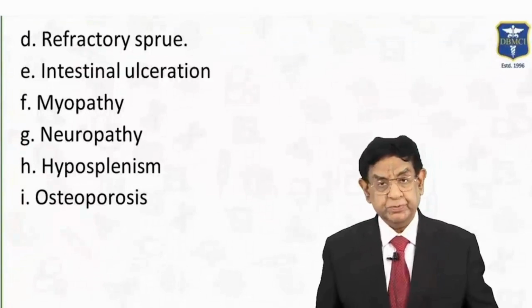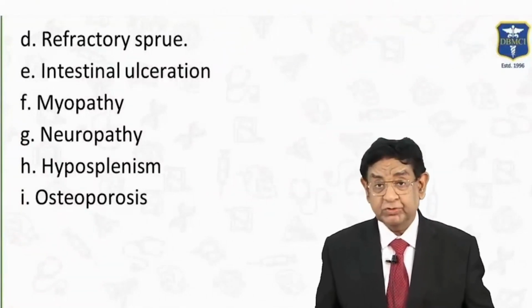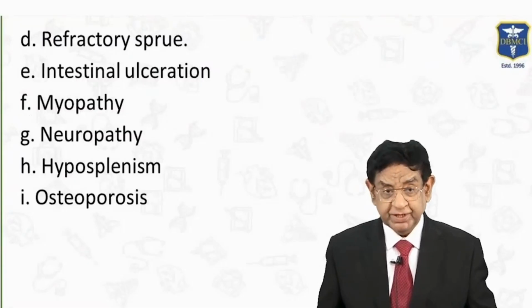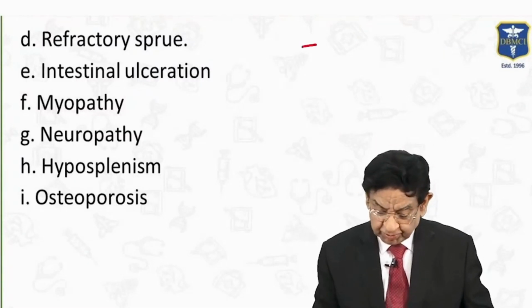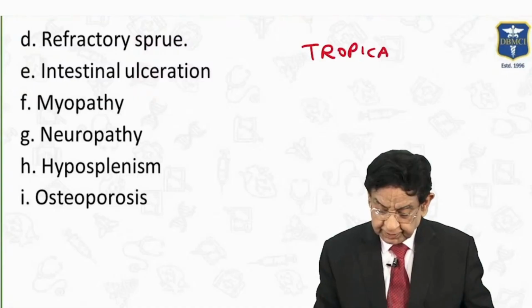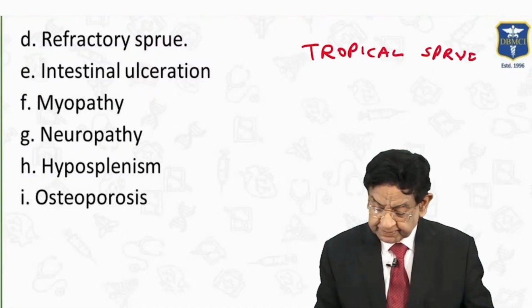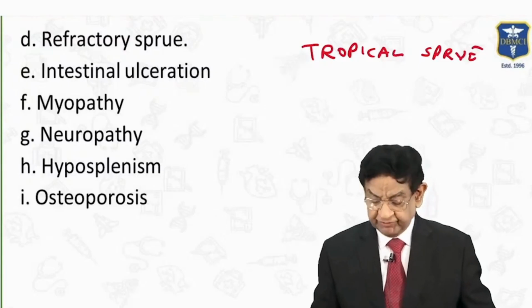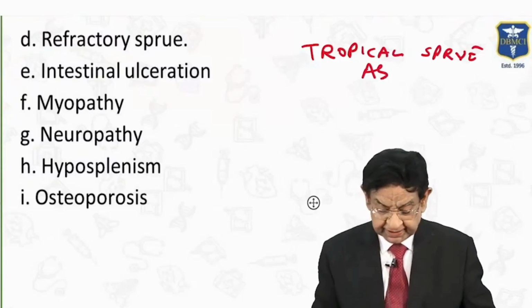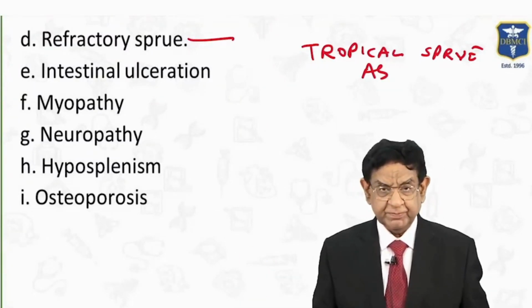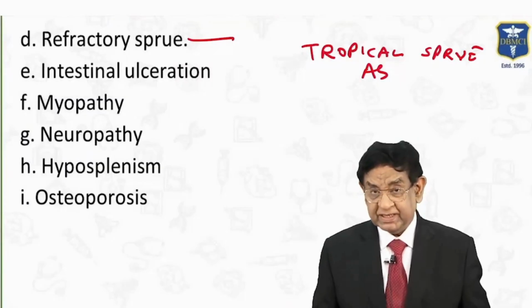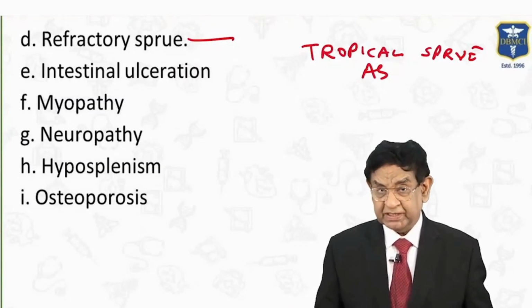Refractory sprue. Remember, it is also known as non-tropical sprue. We'll talk about it soon when we talk about tropical sprue. Tropical sprue is due to some infective etiology, which we can treat with antibiotics. Here the presentation is the same as tropical sprue, and the other name of this disease is non-tropical sprue.